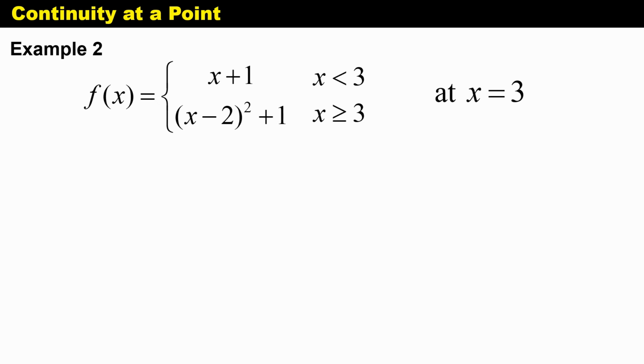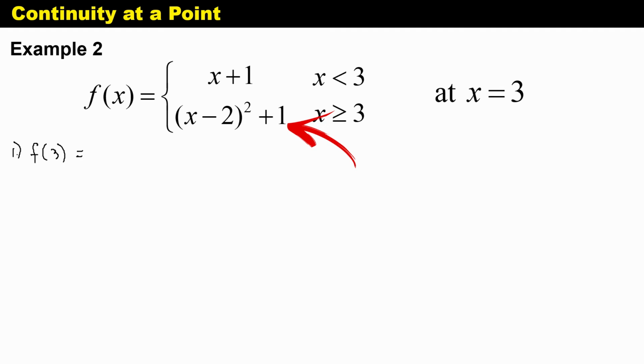Now let's solve for the first condition, which is f of c. f of 3 is equal to what? Now, we will be deciding which function we will use in solving for f of 3. In the conditions given, if x is greater than or equal to 3, you will use this function.